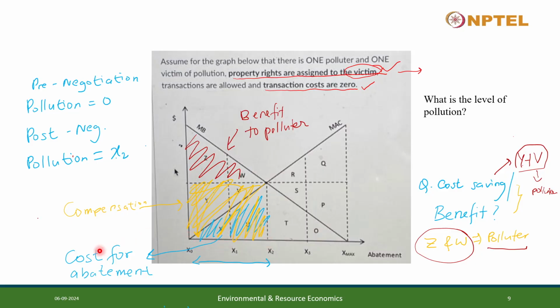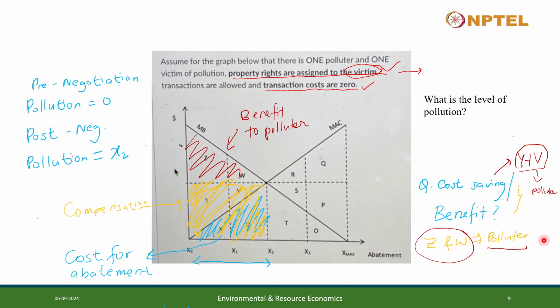So this cost of abatement will be incurred by the victim. So the overall positive benefit to the pollutee will be area Y plus V. So this Y plus V area will be the net positive benefit when the property right is given to the victim.